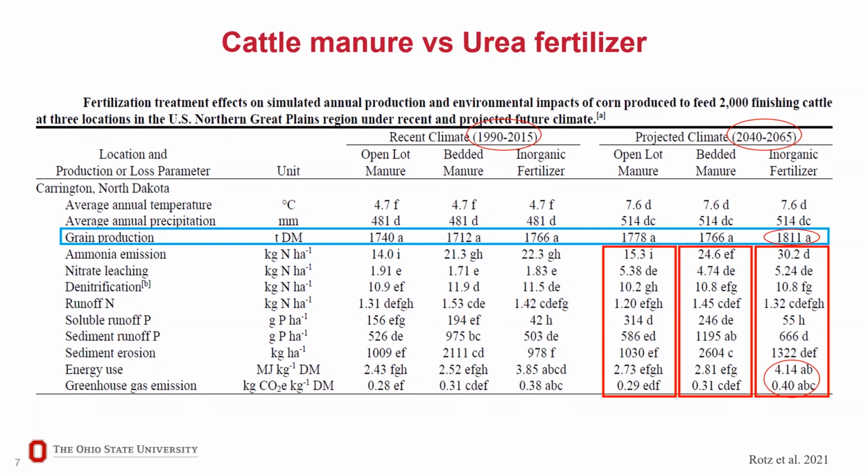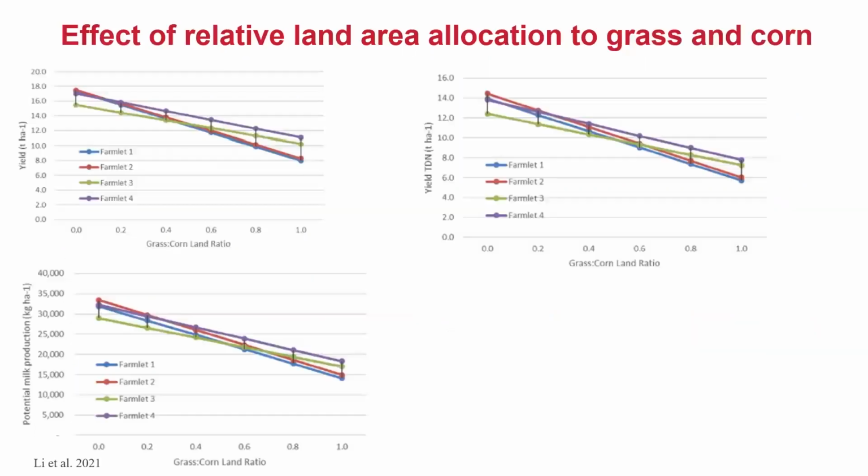And there is always a trade-off among many factors like yield, greenhouse gas emissions, and leaching of nutrients. This is another piece of research conducted in Canada.